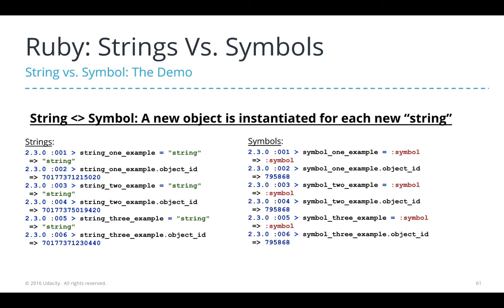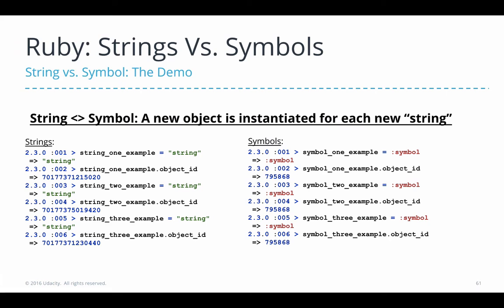So here on the left-hand side, we have a series of strings. String 1 example points to quotation marks, characters, string, end quotes. This string is an instantiated object from the class String. This is an object, and so we're able to call the object ID of this particular instantiated object.